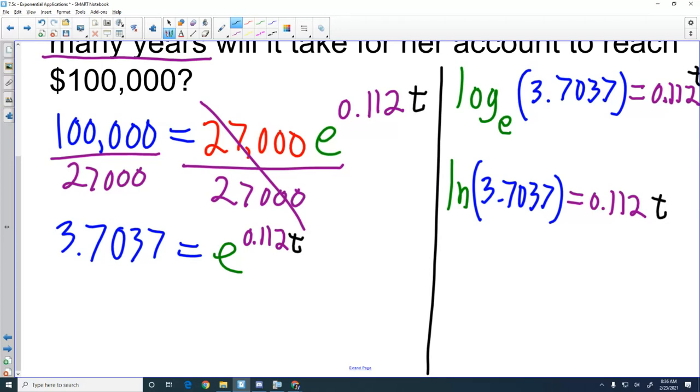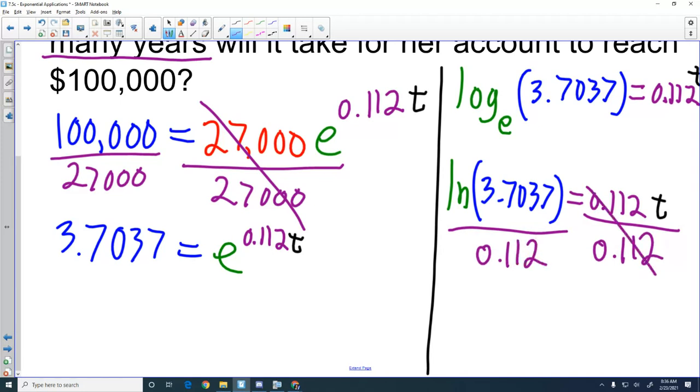So that's something I can just type right into the calculator. ln of 3.7037. Enter. Once you get that, then we just need to get the t by itself. So divide by 0.112, divide by 0.112. So those cancel out to get the time.